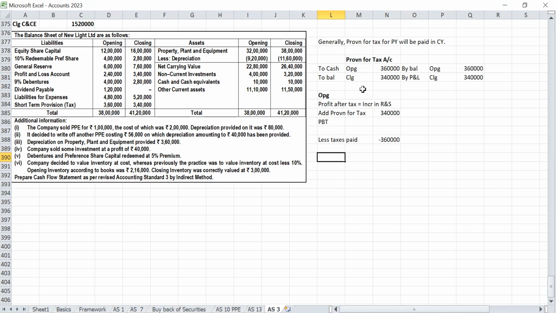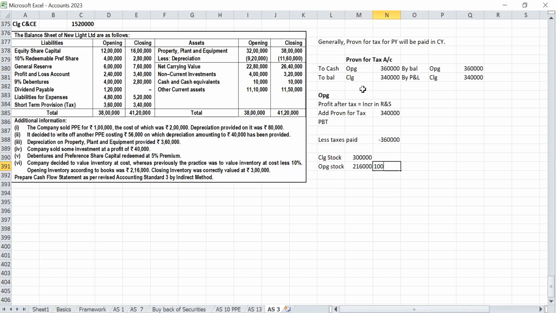Closing inventory was correctly valued at 3 lakhs. Okay. Closing stock is valued correctly, 3 lakh. What is the opening stock? In the books, 2,16,000.